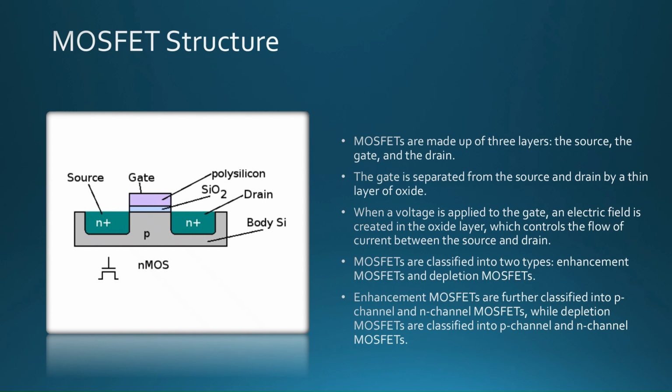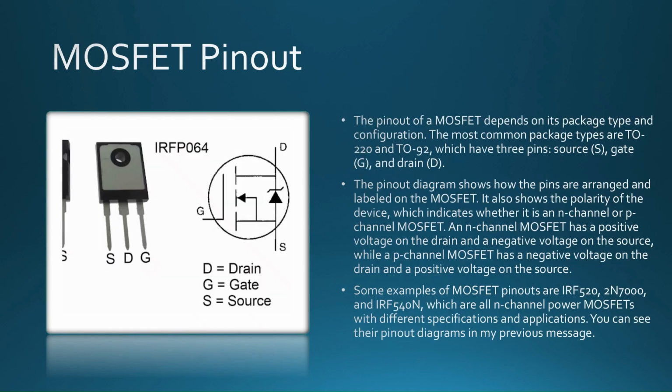MOSFETs are classified into two types: enhancement MOSFETs and depletion MOSFETs. Enhancement MOSFETs are further classified into p-channel and n-channel MOSFETs, while depletion MOSFETs are classified into p-channel and n-channel MOSFETs. The pinout of a MOSFET depends on its package type and configuration.